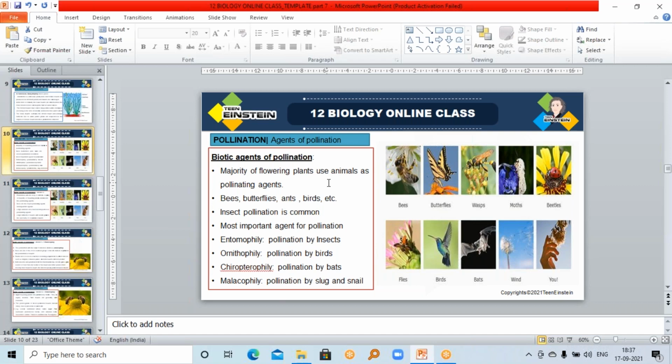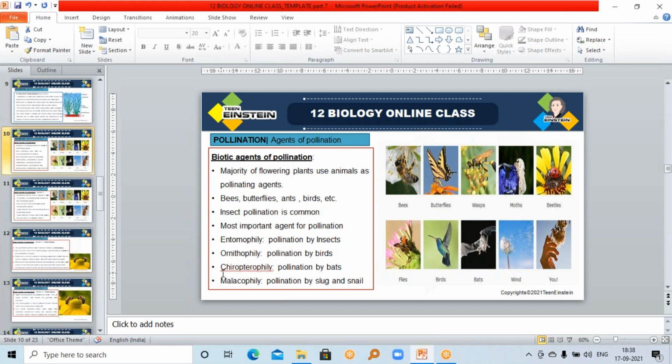Bees, butterflies, birds, ants, all these act as pollinating agents. Insect pollination is the main and common one, the most important agent of pollination.